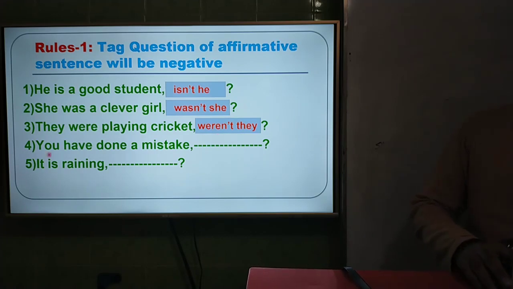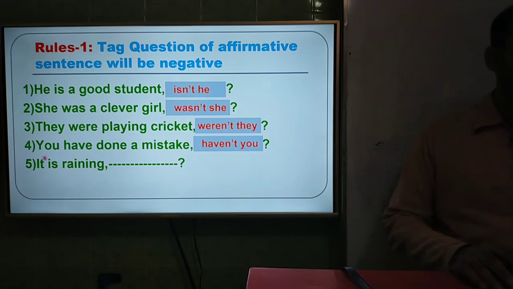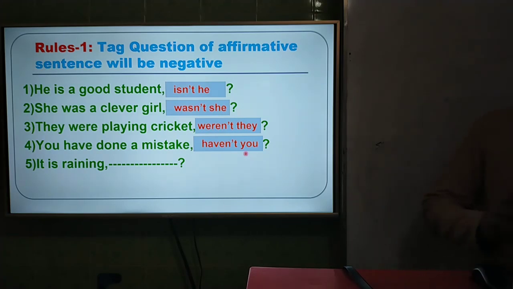Then the fourth one: you have made a mistake. Here the operator is have, so the answer will be in negative form. The negative form is have not, and the short form is haven't. So the answer will be haven't you. Here the subject is you. Okay. Then the fifth one, that means the last one: it is raining.